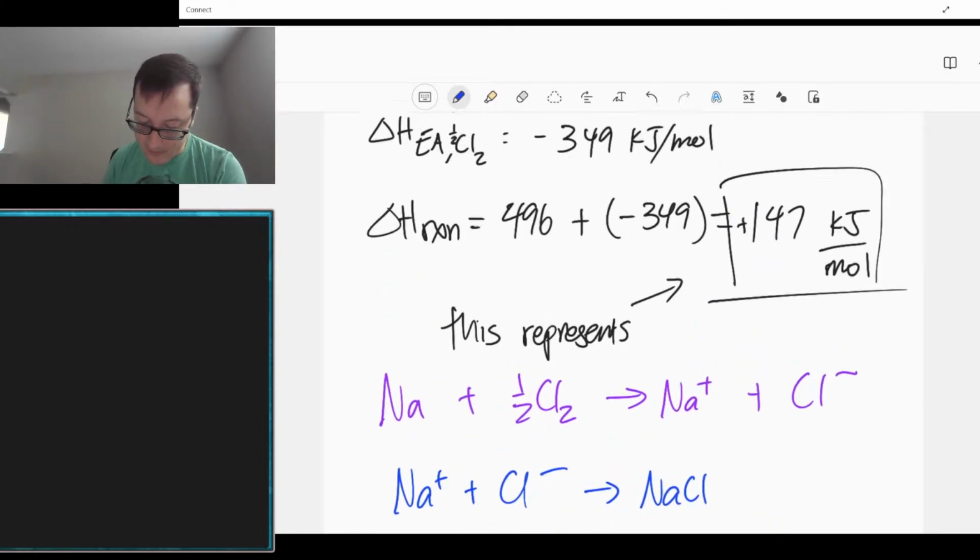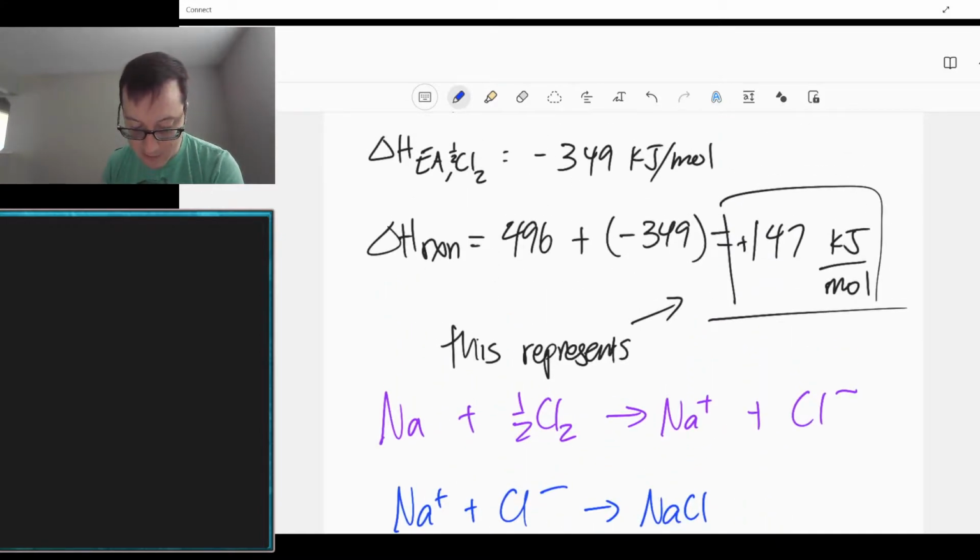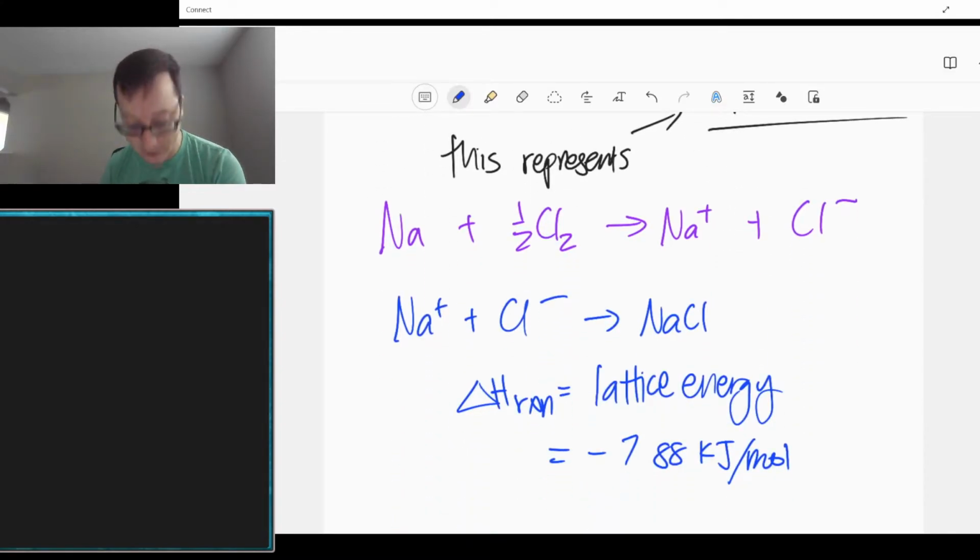So this positive number that we got here, the endothermic portion of this, isn't quite the complete picture, because we really have a third component, which is the lattice energy.